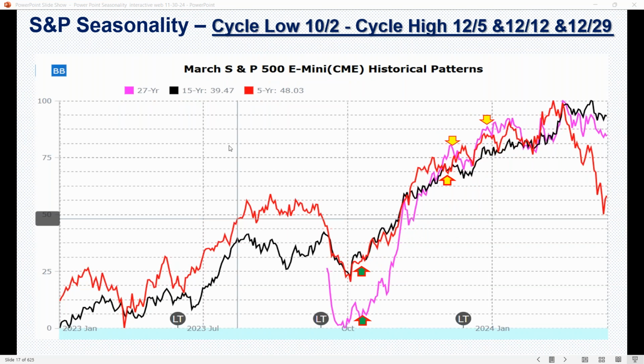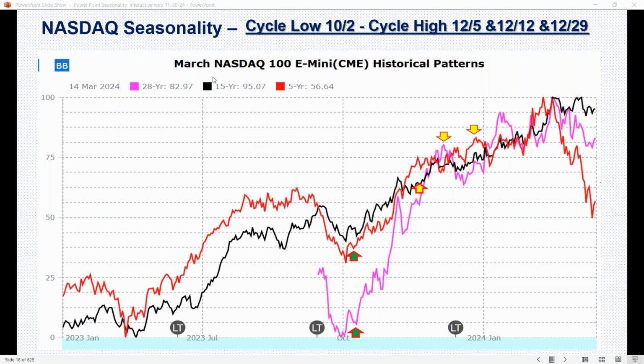That's the S&P. The next one that we really follow is the NASDAQ 100, which is very, very similar on the seasonality to the S&P. Again, we tend to get that seasonal low around the 2nd of October, and we're currently right around here.